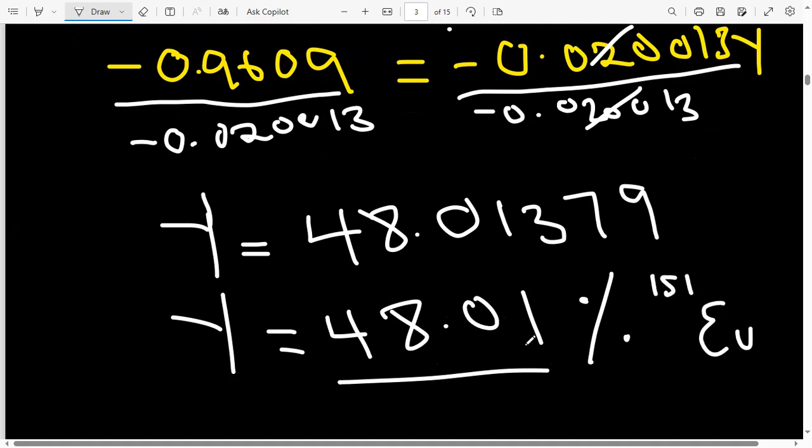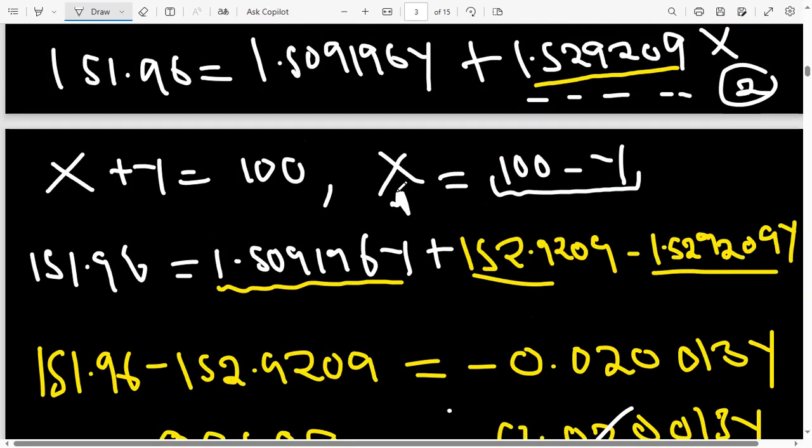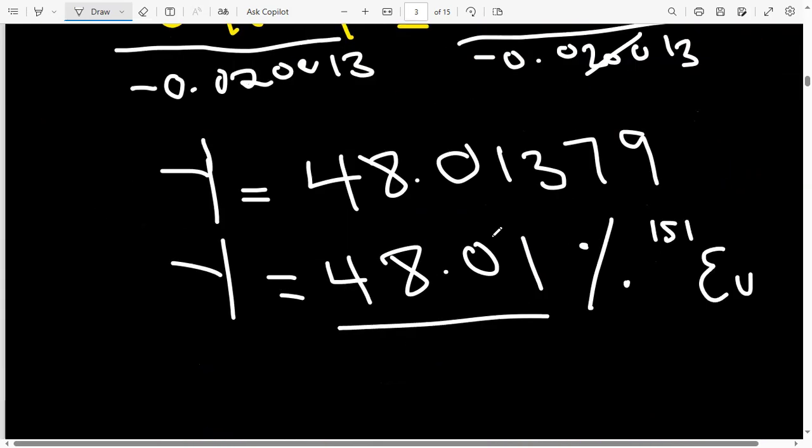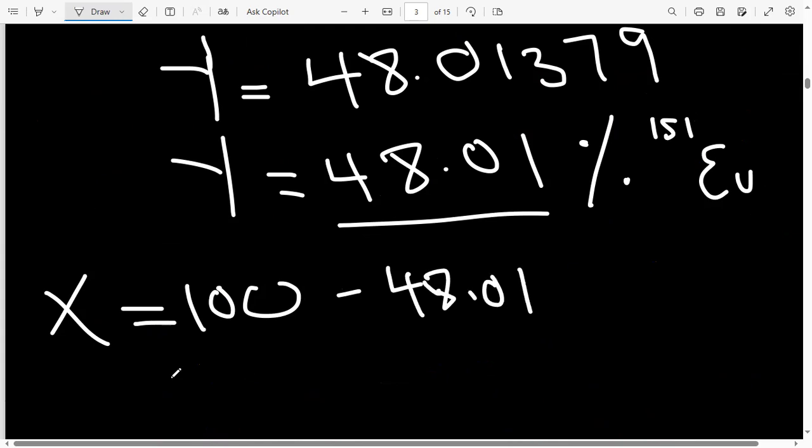Now to find the percent of the other one, what do we do? We just use this formula here. We know that X is just 100 minus Y. So X is equal to 100 minus 48.01.